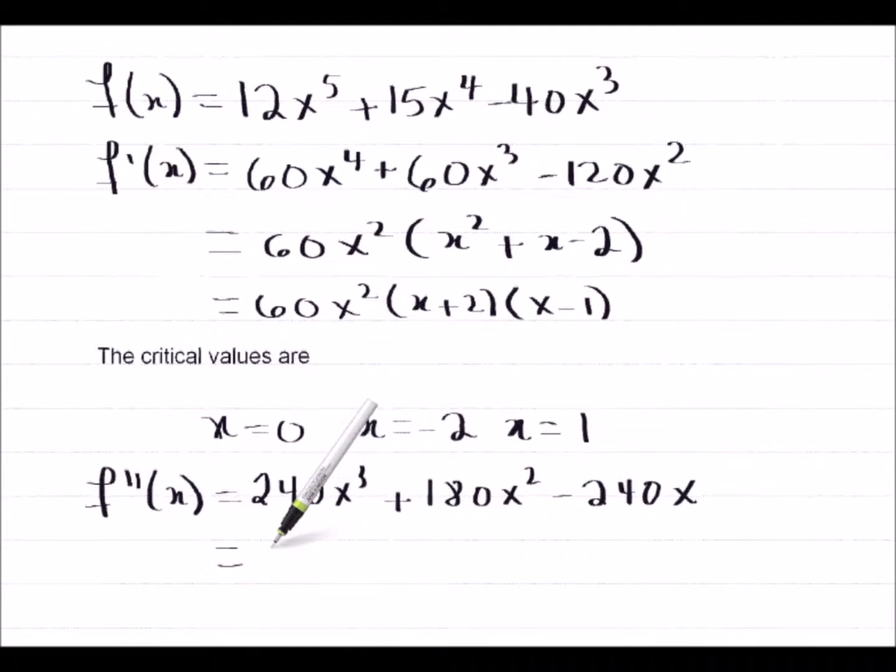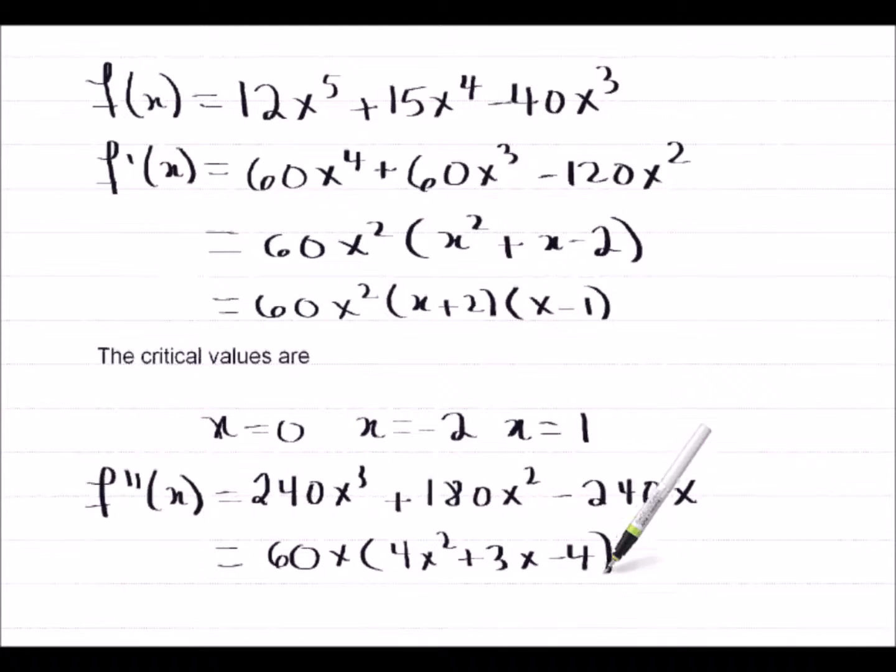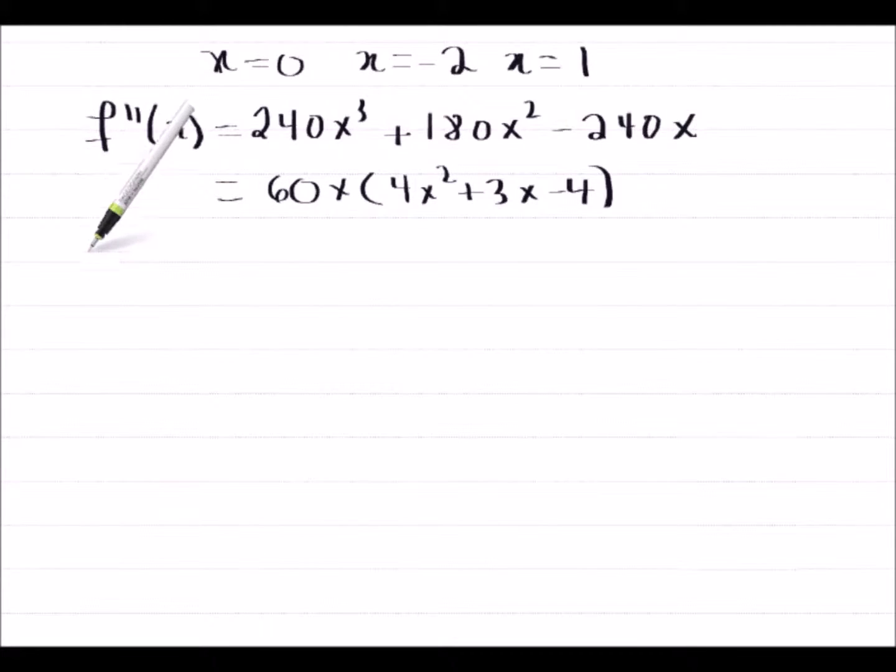So I can take out a 60, I can take out x, and I'm left with 4x squared plus 3x minus 4. And now I need to evaluate f prime prime at my critical values.